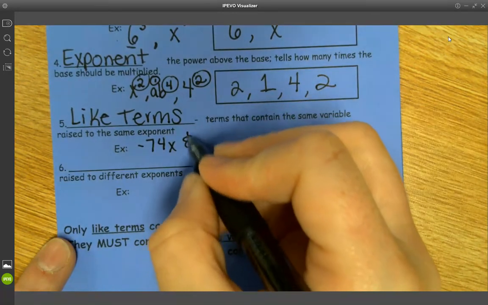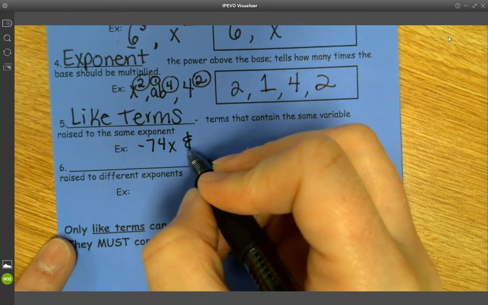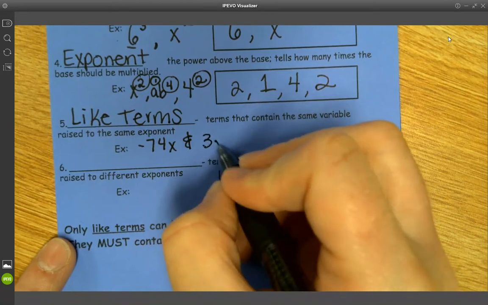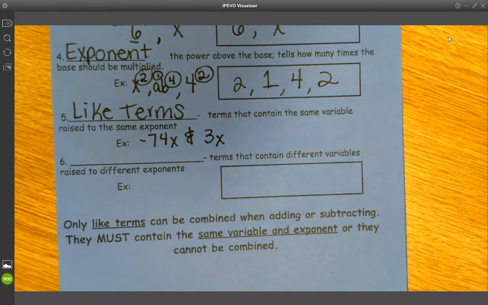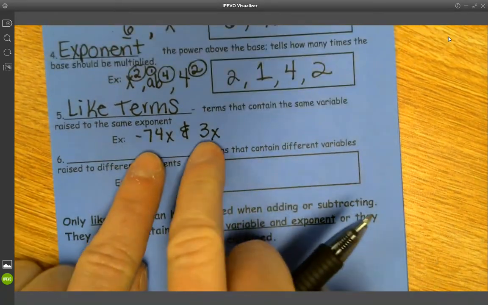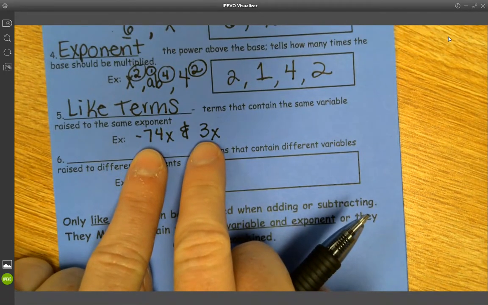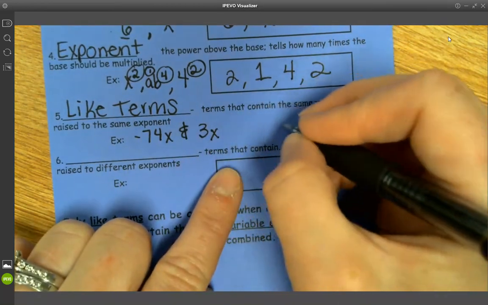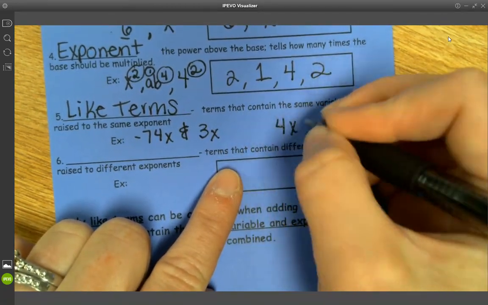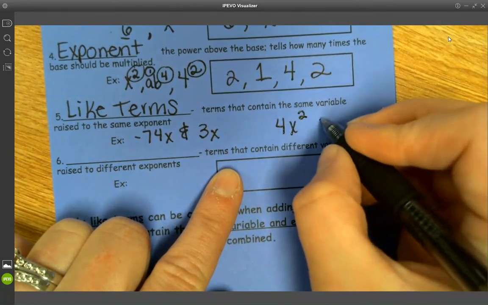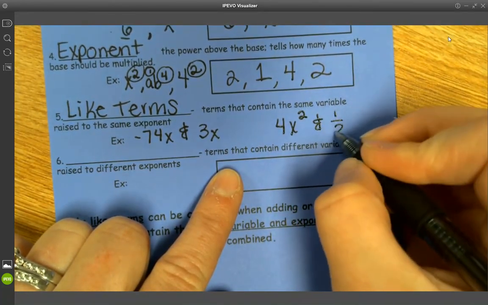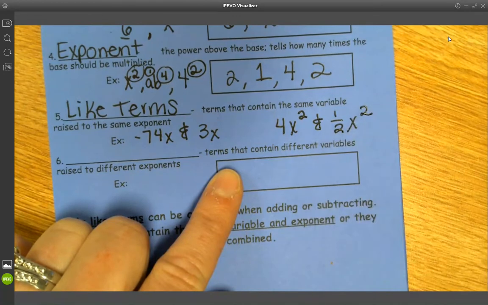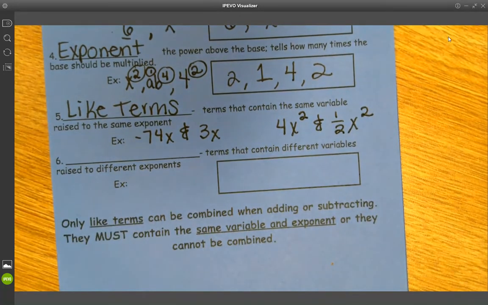A backwards 3 with a line through it is my and. 3x. Those are like terms. I can combine them by just adding their coefficients. So negative 74 and a positive 3. And then x squared has a like term with, let's say, half x squared. They have the same variable and exponent.